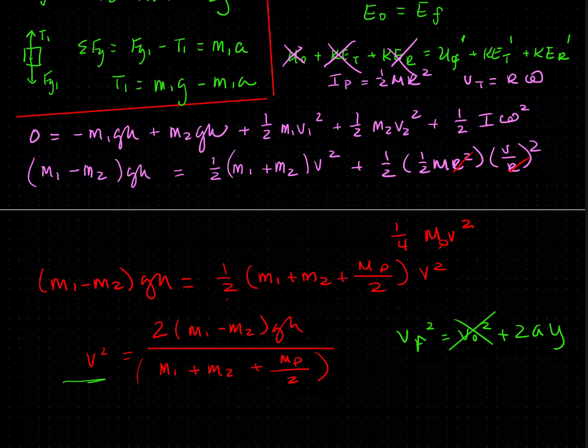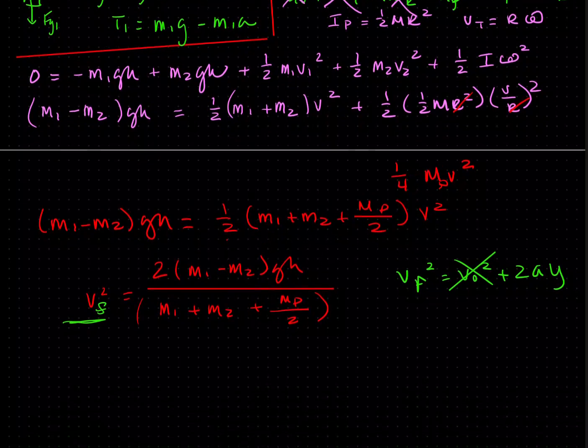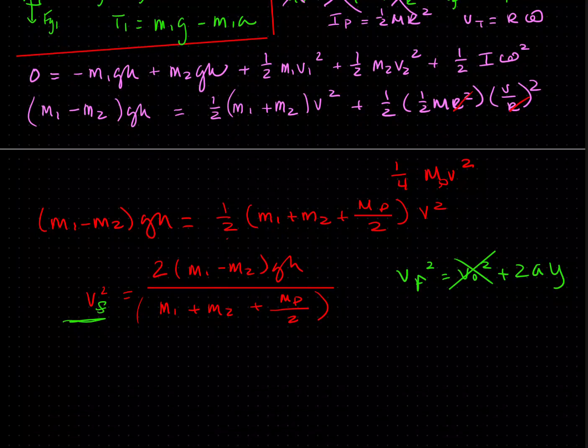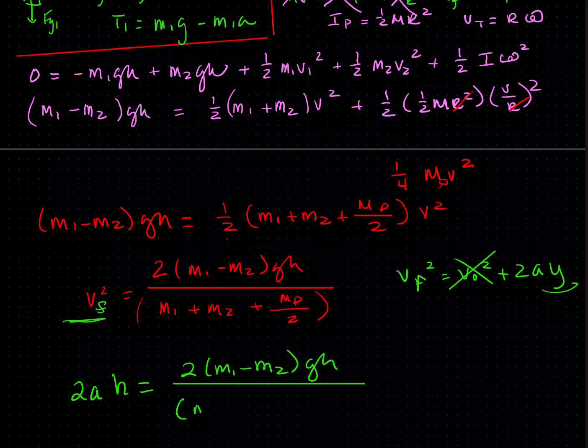And what we solved here is also V final. So substituting that in, this is 2a, my y is the height. This is equal to 2 (M1 minus M2) gH divided by M1 plus M2 plus MP over 2.